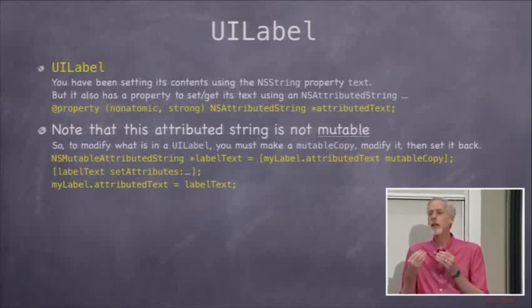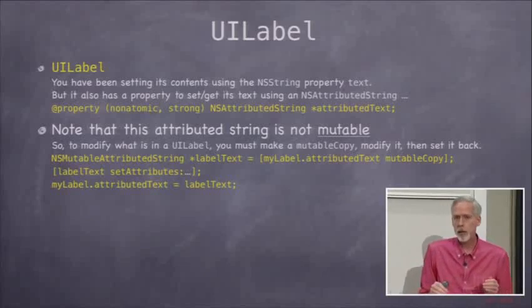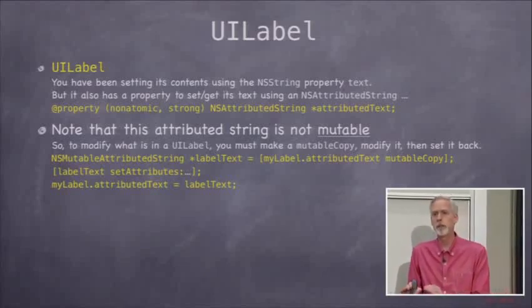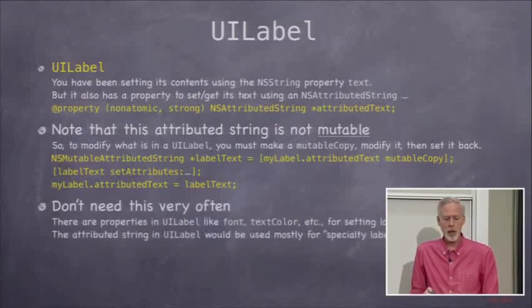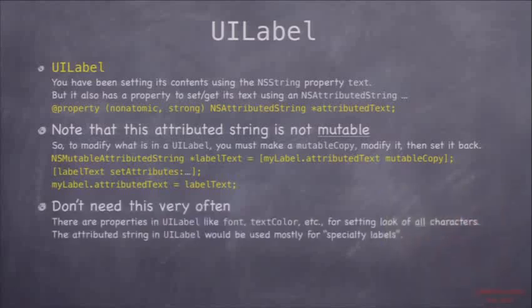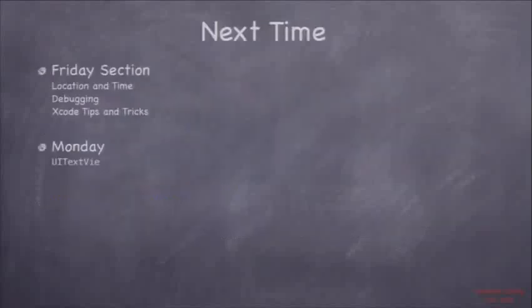You have to get it, create a mutable copy, modify the attributes, put it back. Okay? You don't need to do this very often on labels. Labels don't usually have attributed text on them that much, maybe to set the color, possibly if they're specialty labels that are specifying something that's not just normal text. So it's not that common to do with UILabel.